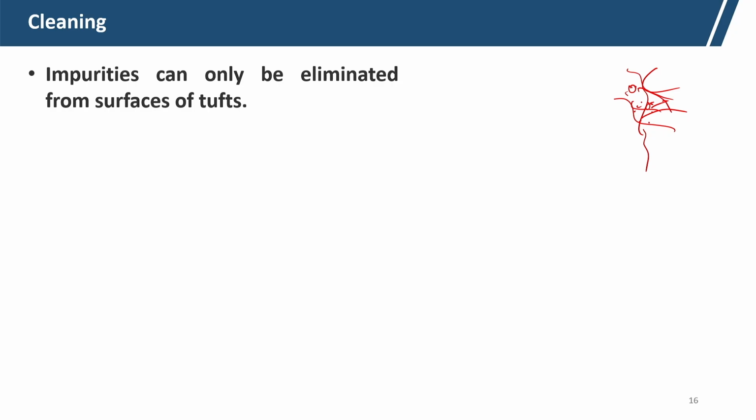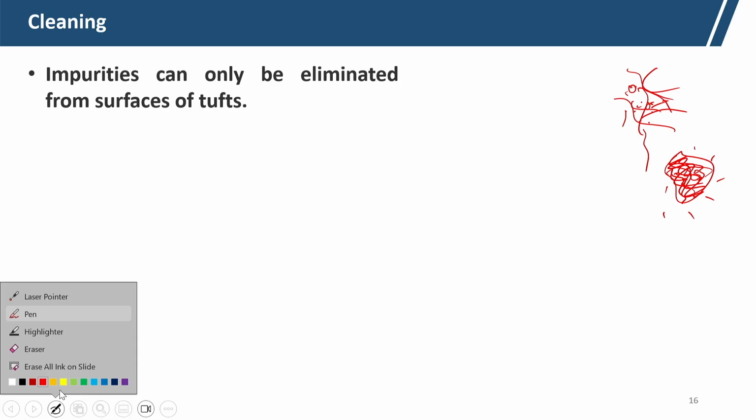The more the opening action, the better the release, because impurities can only be eliminated from the surface of the tuft. Impurities will not be removed from the core, they will be removed from the surface.